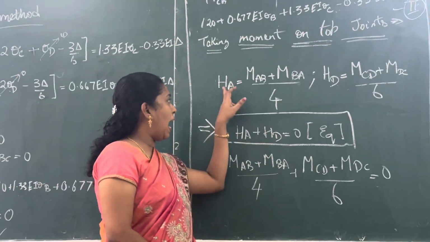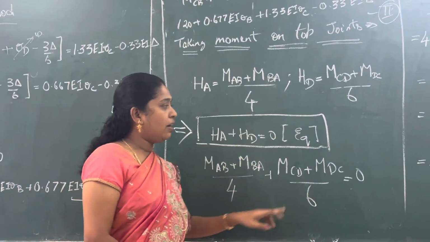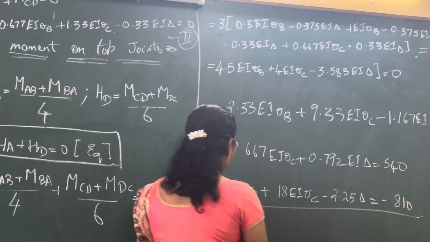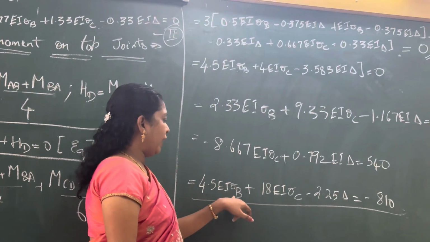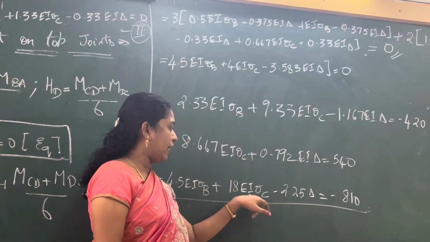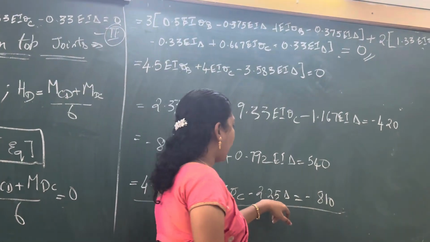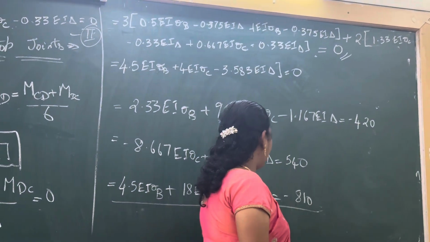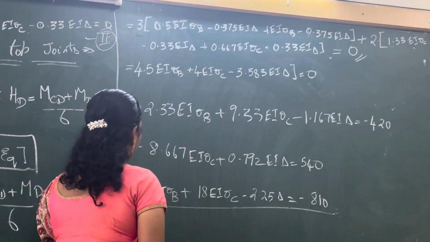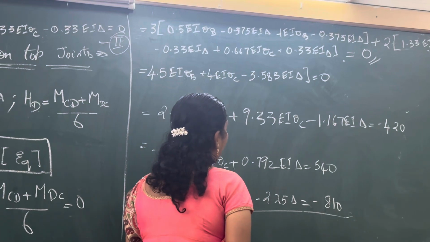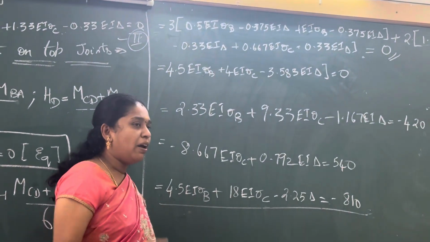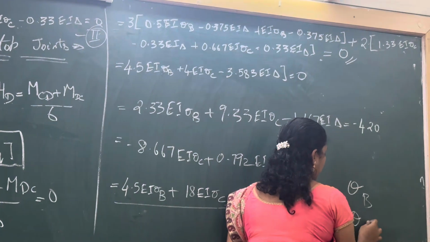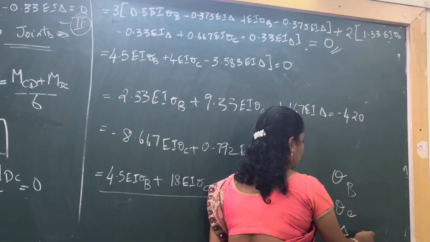So we will add HA and HD. We are getting the equation as 4.5 EI theta b plus 18 EI theta c minus 2.25 del equal to minus 810. And by using this equation, we need to find out theta b, theta c and then del values.